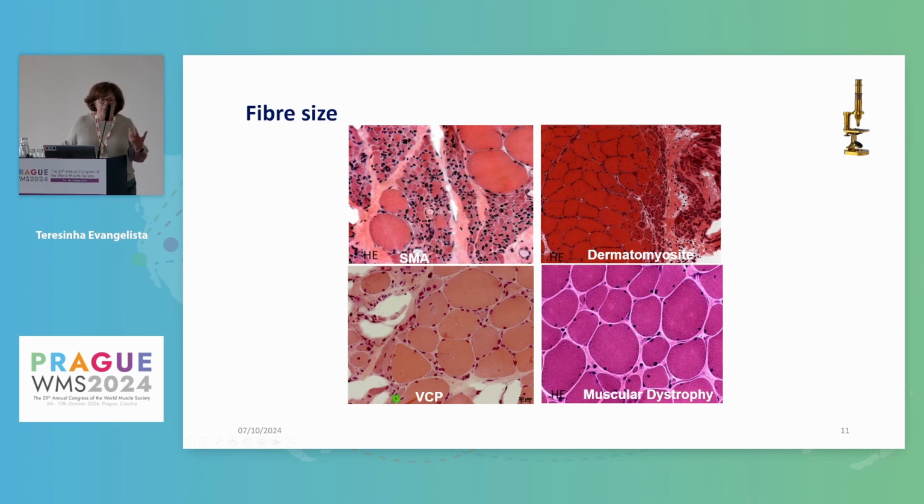And in some conditions, like VCP myopathy, you may think that you have almost a neurogenic atrophy, because although this is a myopathy, you have some small atrophic, angulated fibers that can make your diagnosis difficult.